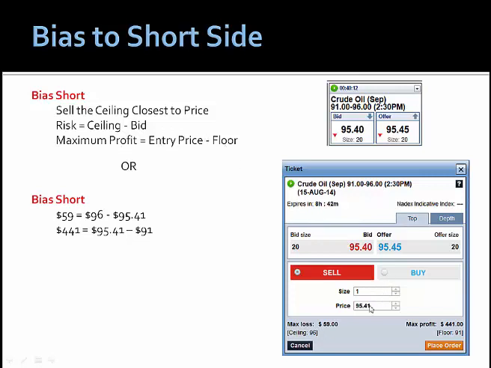So in this case, our price is at $95.41. So if we subtract that from 96, we have $59 of risk and $441 of potential profit. Again, that's based on if it moves the entire width of the spread.